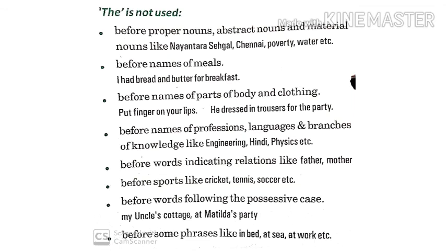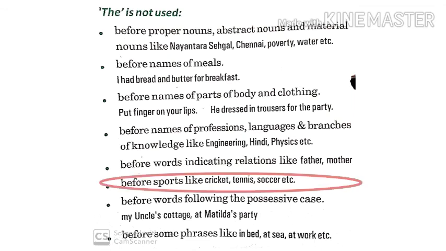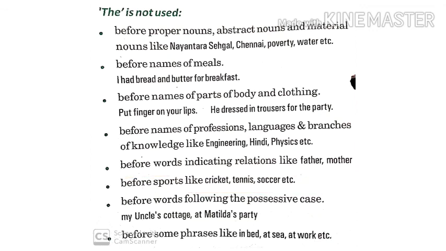Before names of meals also we don't use the. I had bread and butter for breakfast. You will not say I had bread and butter for the breakfast or the lunch, right? Then before sports like cricket, tennis, soccer, etc., we don't use the. Before names of certain professions, languages and branches of knowledge like engineering, Hindi, physics, you never say I like the physics. You will always say I like physics. So these are some places where we do not use the.